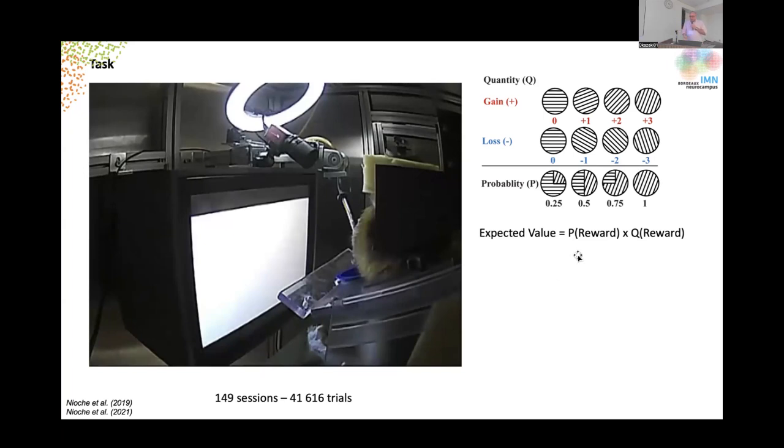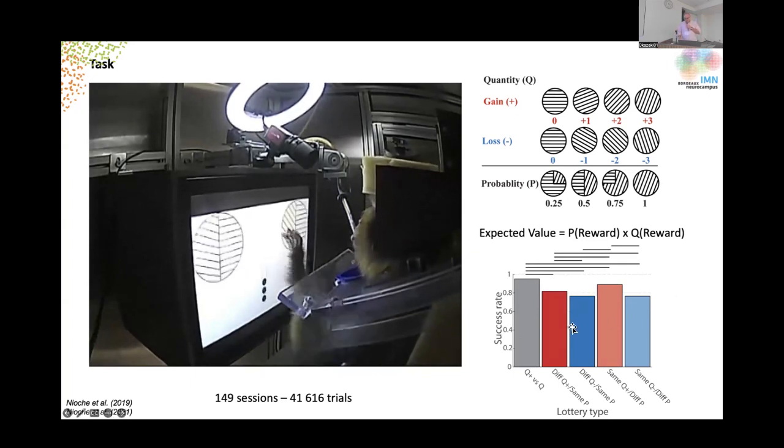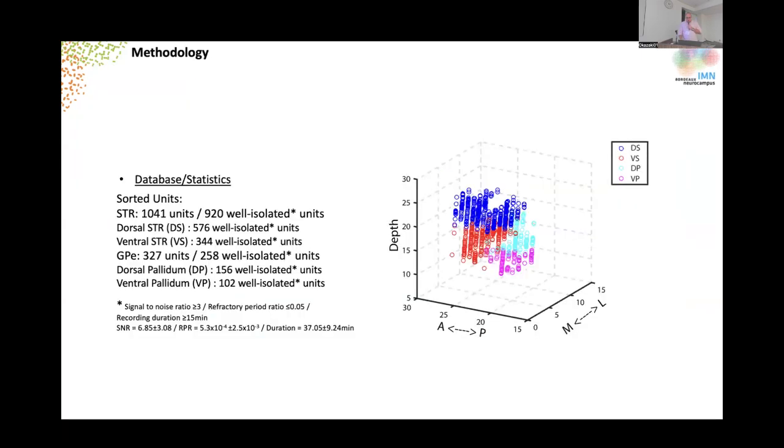It's lotteries. And if you look at the performance of the animal, their success rate is quite significant. Around 80% of the time, they choose the best of the two options, so they seem to understand the task. The statistics are for 2 monkeys, but the recordings I will show you are only for 1 monkey because the other one is not finished yet.